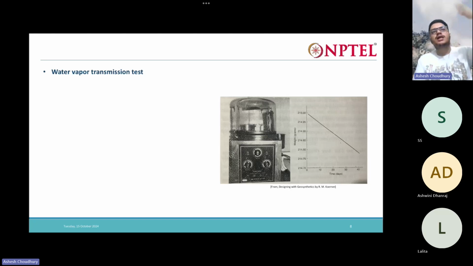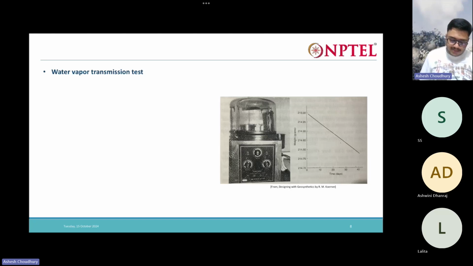Some of the water will be lost due to evaporation. Some of the water vapor will pass through the geomembrane and be lost. Obviously if the water evaporates and comes out as water vapor, the weight of that container is going to reduce. So you have to measure that weight with time.